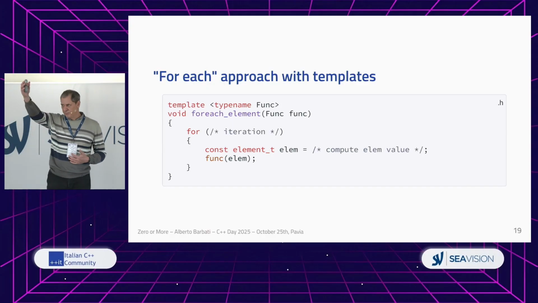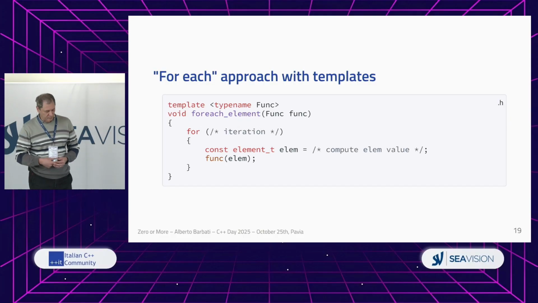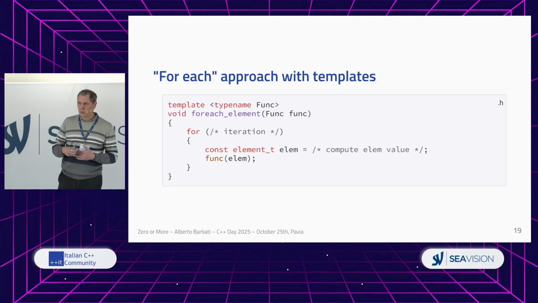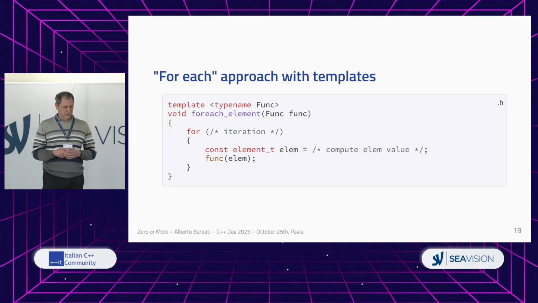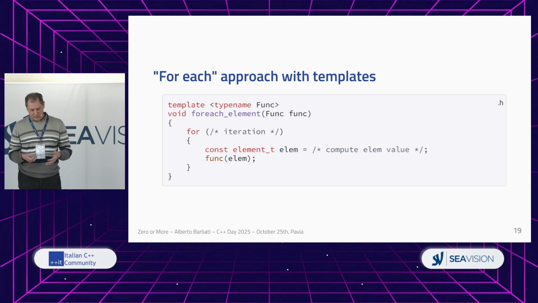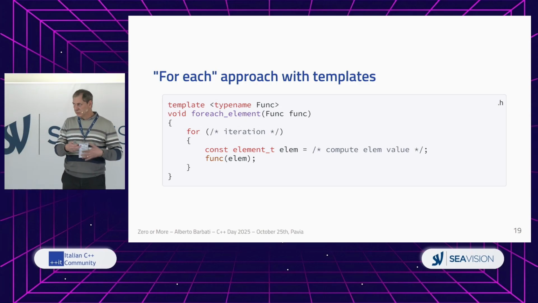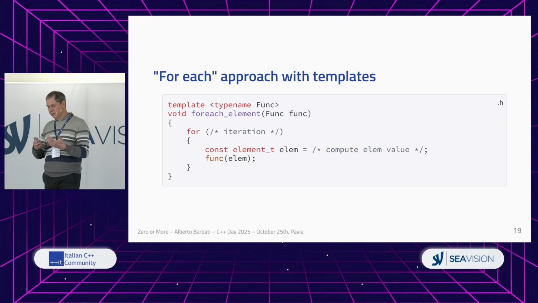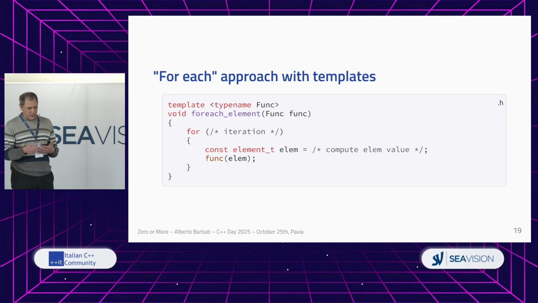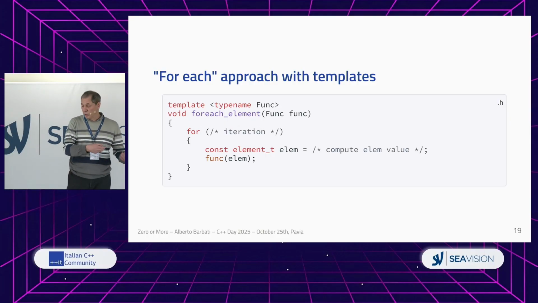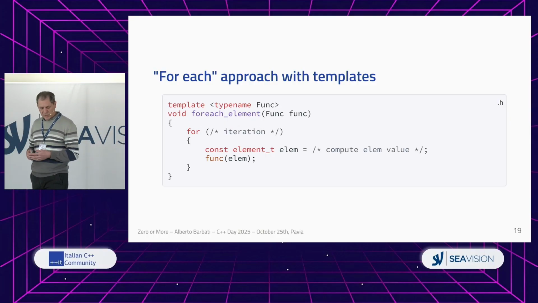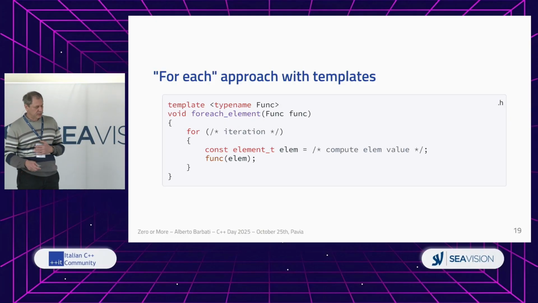If the code is very big, it adds to the compilation times. If the code needs to access some hidden detail, or some detail that you want to be hidden, you have to work on this. It's not impossible, but it complicates the implementation a little bit.